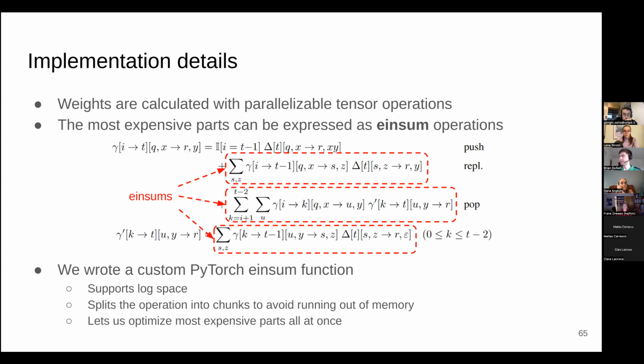You might be familiar with the einsum operation from NumPy or PyTorch. It's just a nice tensor operation that does these sums of products. What we did was write a custom PyTorch einsum function which supports log space, which was really important. It also splits the operation into chunks to avoid running out of GPU memory. That was also really important. And this was nice because it let us optimize all the most expensive parts of the model at once.